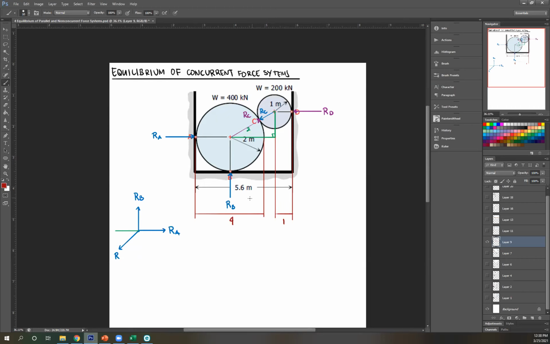So now it's just 5.6 minus 2 minus 1. Again, this is also 2. This whole thing is 5.6. So 5.6 minus 2 minus 1 is 2.6. So this is 2.6.